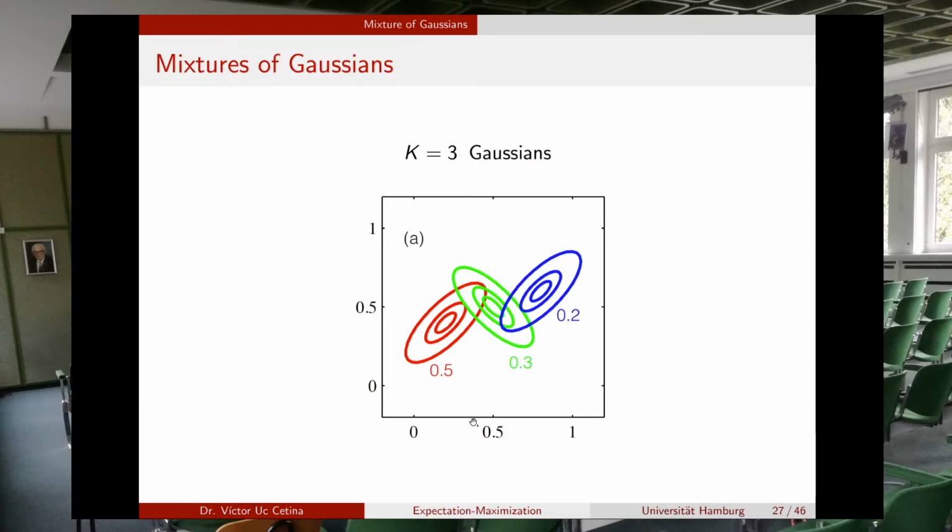That is the probability that one of the points belongs to the Gaussian in red, 0.3 that this point belongs to the green Gaussian, and 0.2 probability of belonging to the blue Gaussian.